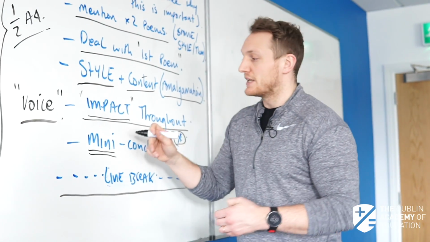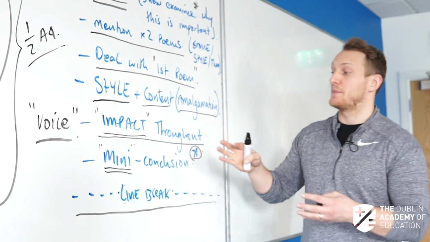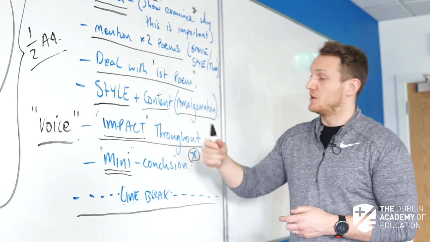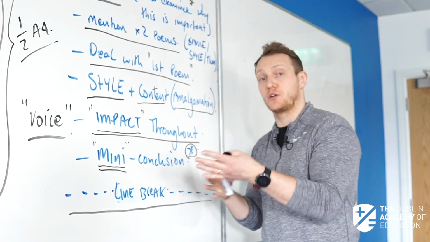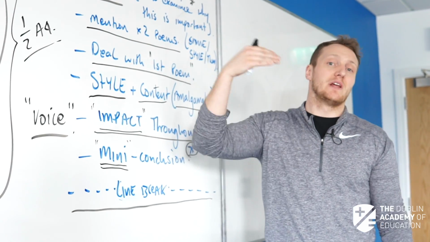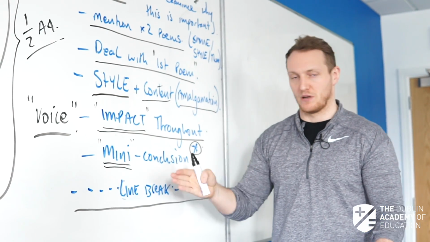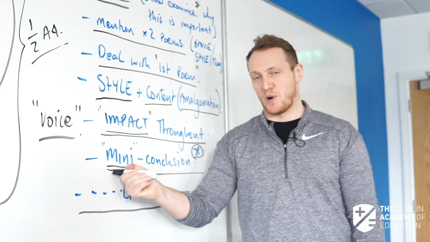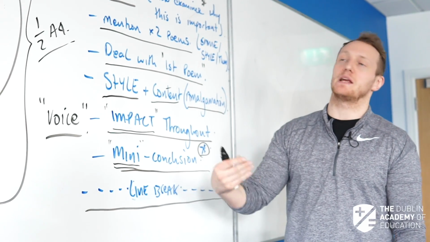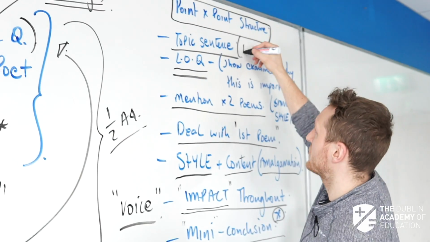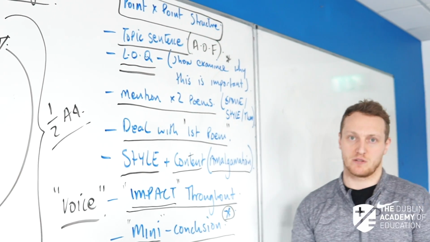Now, the mini conclusion will wrap up, as I said, that poem, and you're going to maybe talk about potentially and clearly, because of the subject matter such as X and how Bishop or Durkin or whomever dealt with it, that's obviously why they felt strongly about this or whatever it is, something along those lines, okay? And then that's boxed off. And then we're moving on to the second poem, but we're still remaining on that same, we go back here, our topic sentence, our first area of focus, okay?